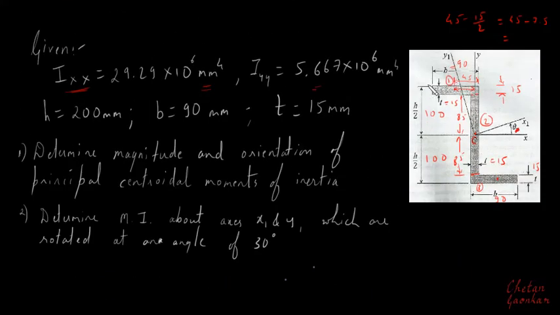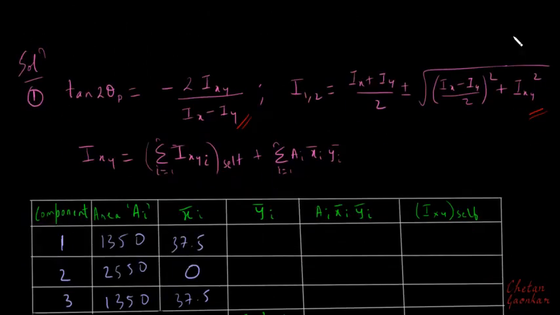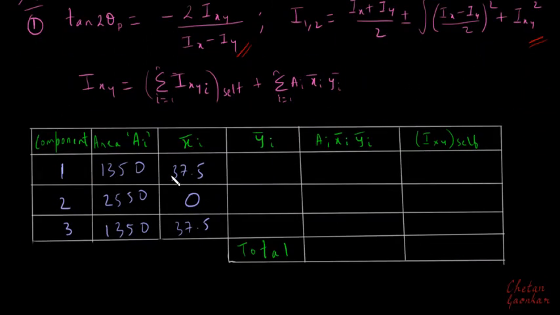But let me remind you again that component 1 is in the second quadrant. So with respect to the y-axis, this distance should be negative. Truly speaking, this should be minus 45 plus 15 by 2, which is minus 45 plus 7.5, so minus 37.5.